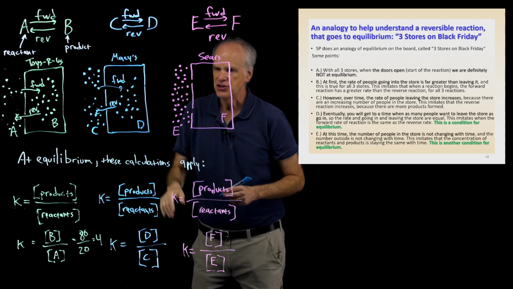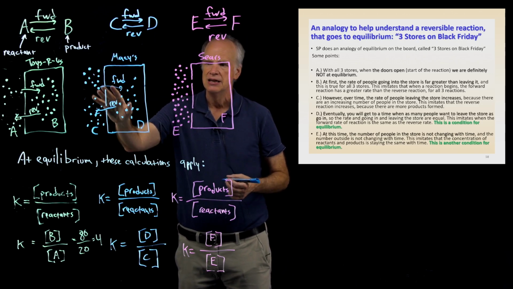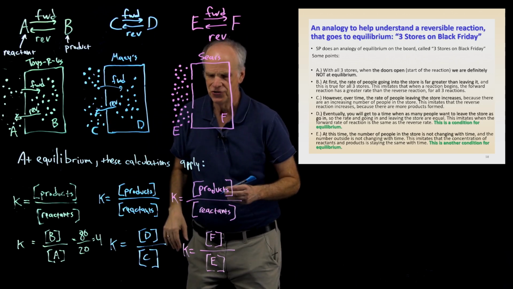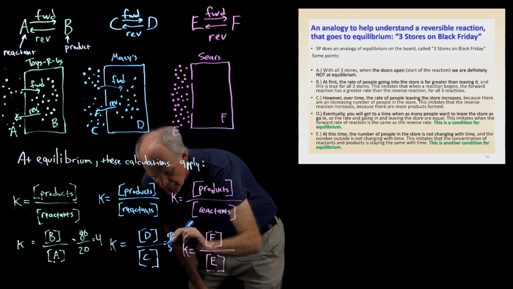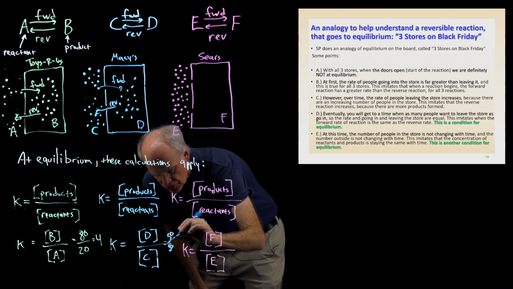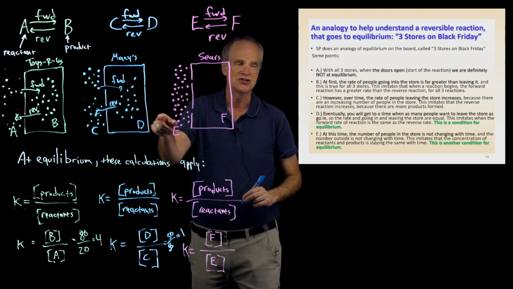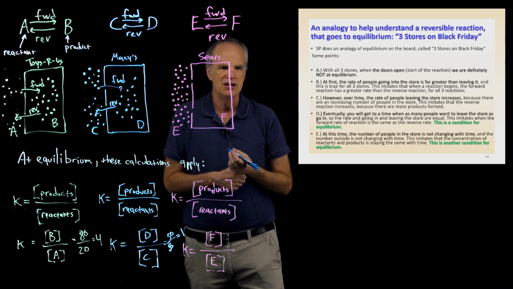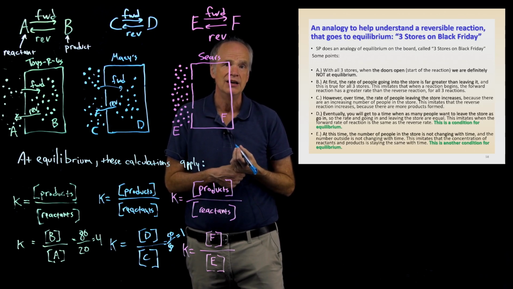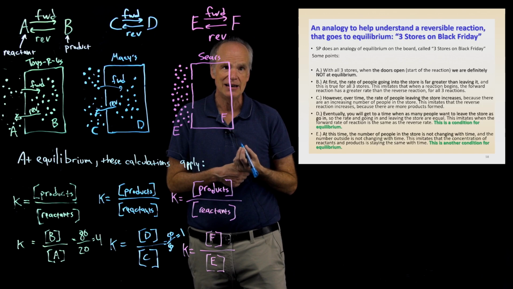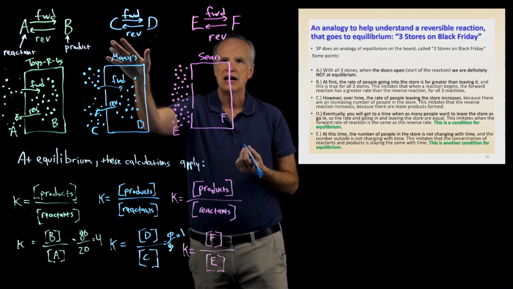If that's the case, in this model it would be 50 inside the store, those are the D, and 50 outside the store, which is the C. So here what we have is 50 divided by 50. You do that calculation, and the value of K here for this reaction is 1. So if you have a chemical reaction where the value of K is equal to 1, that tells you that at equilibrium you have as many of the product as you have the reactant.